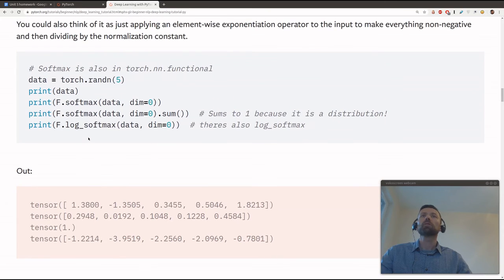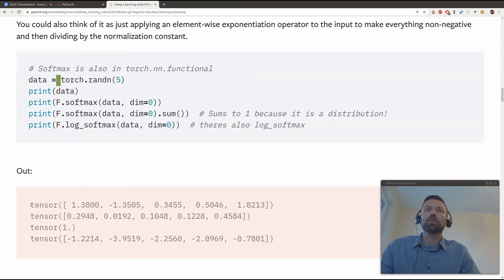So let's have a look at an example again. Here we have some data. It's a vector of 5 random numbers, and we say that this is the final result of our network operations. And then what we want is a probability over the classes which we're trying to predict. So we transform these 5 numbers into probabilities.